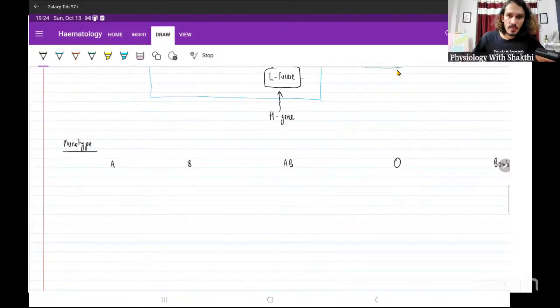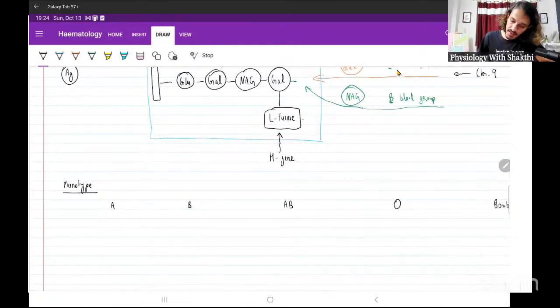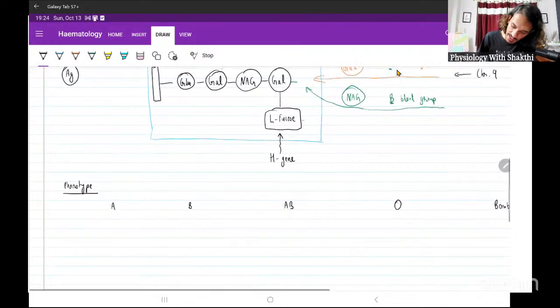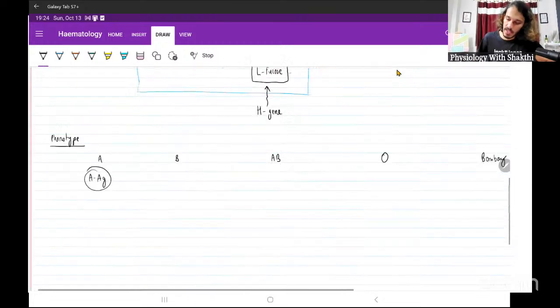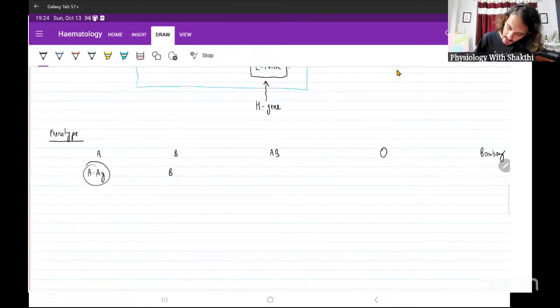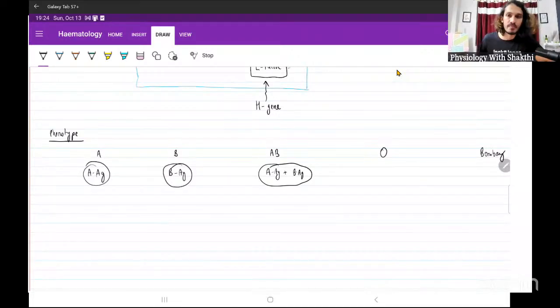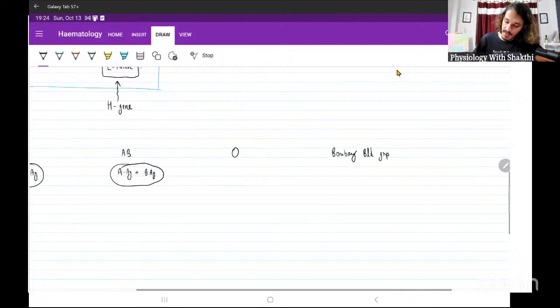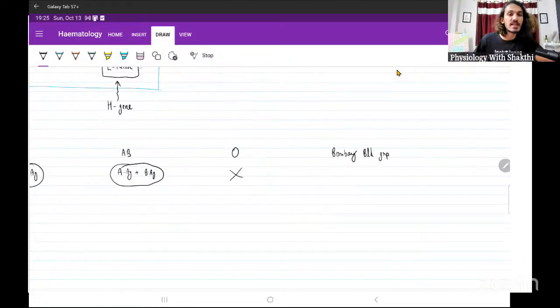So A blood group is because of the presence of A antigen. B blood group is because of the presence of B antigen. AB is when both A and B are coexisting in a person. And O blood group is a person who does not have any of these antigens.